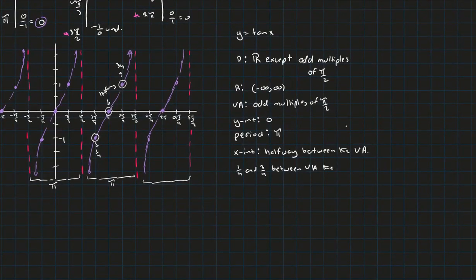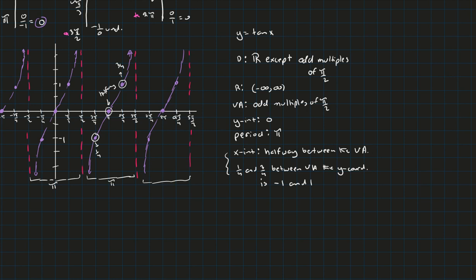The y coordinate is -1 and 1. So 1/4 of the way is always -1, and 3/4 of the way, it is always +1. So that's going to be super duper crucial in making our life easy in graphing tangent functions.